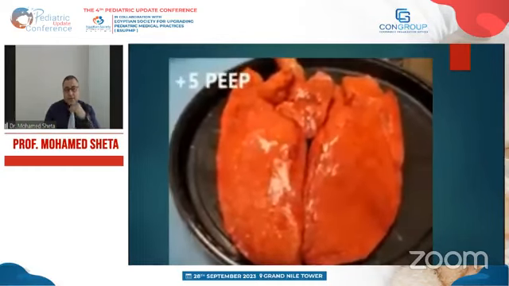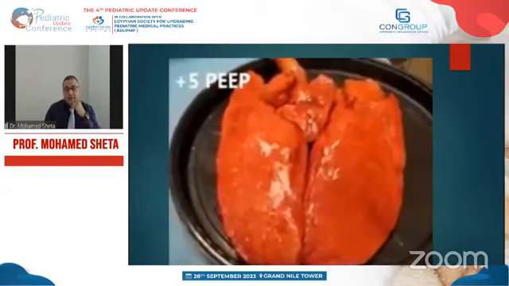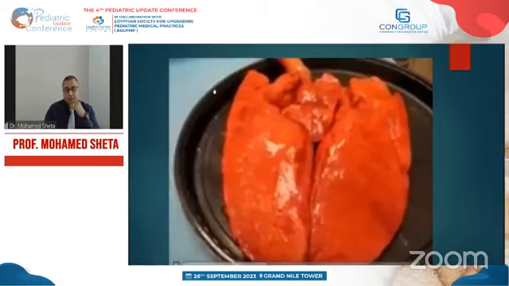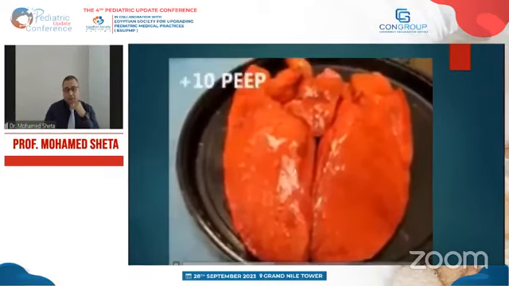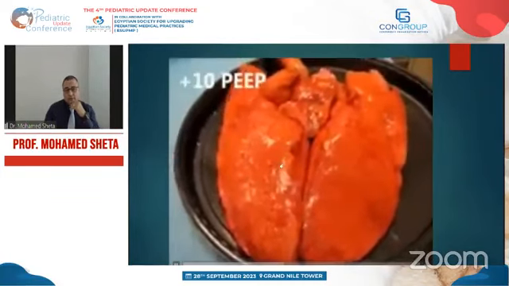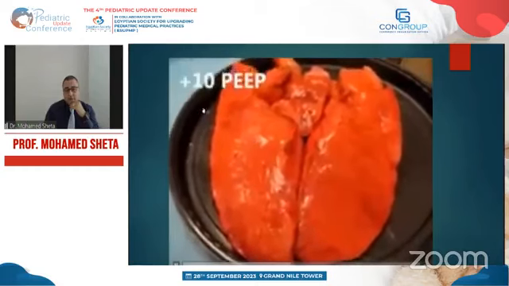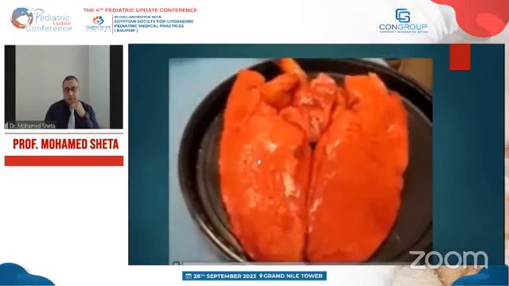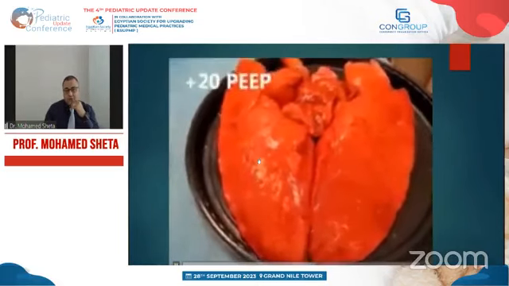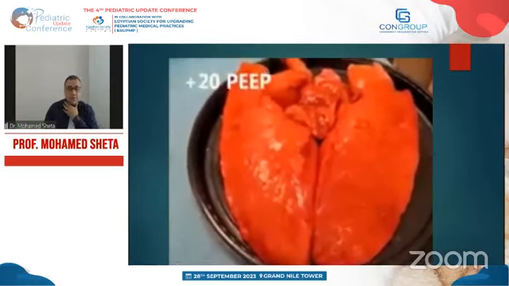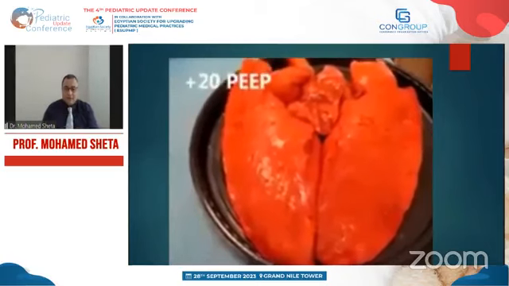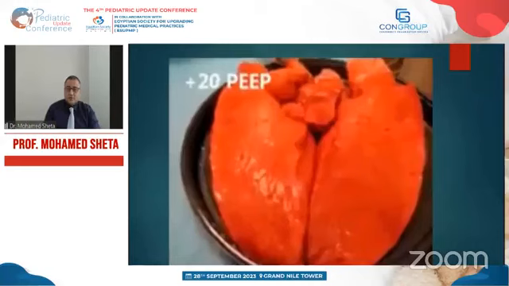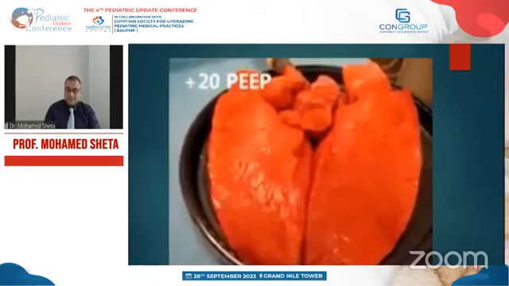Now you can find the lung is recruited, inflated more than before. When PEEP is increased more to 10, you'll find it more recruited and more inflated, and when increased to 20, you'll find it more inflated. So this is what we mean by lung recruitment: simply lung inflation, alveolar dilatation to do better oxygenation.